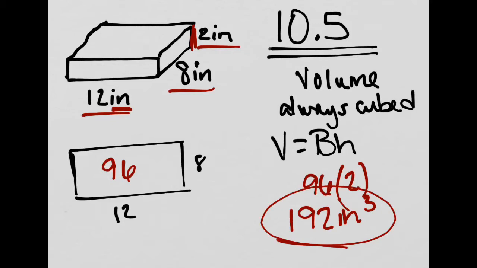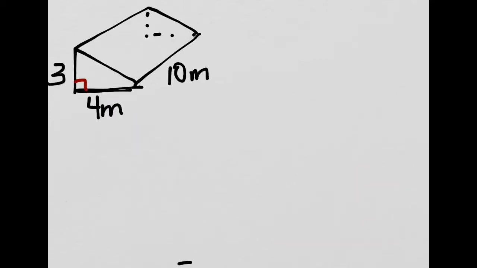Okay, so let's go ahead and try another one. Here is a triangular prism. So today, again, we're only working with prisms and cylinders. Triangular prism. So we want to look at the base first. The base is this 3 times 4, and the base is a triangle because this is a triangular prism.